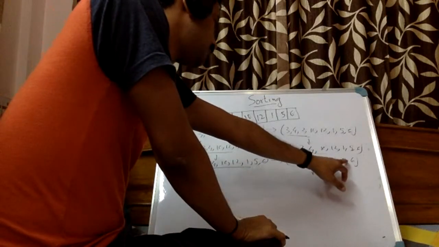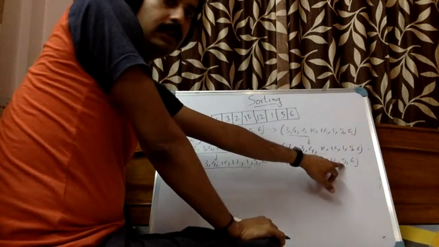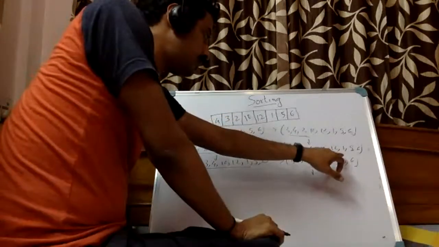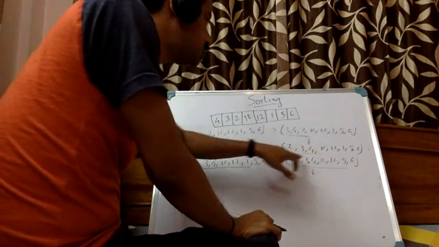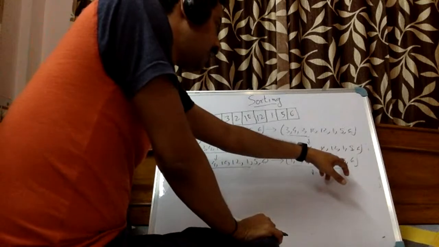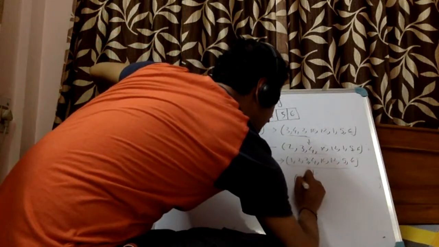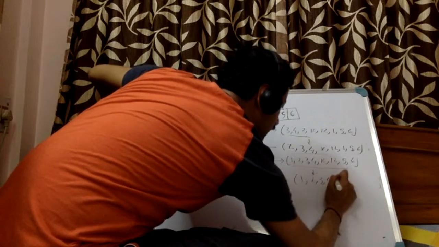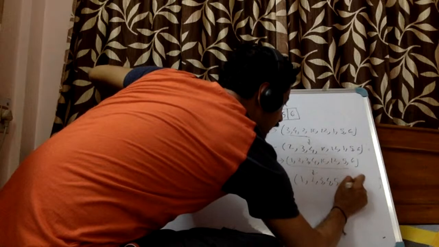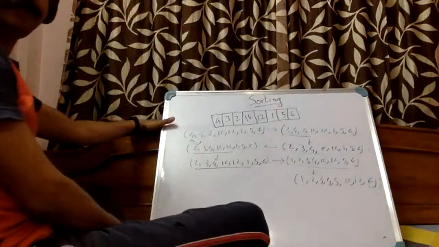Now I have the next value as 5. After comparing 5 with all other values stored in my array, it should move to the place like this: 1, 2, 3, 4, then 5, 10, 12, then 6. Okay?